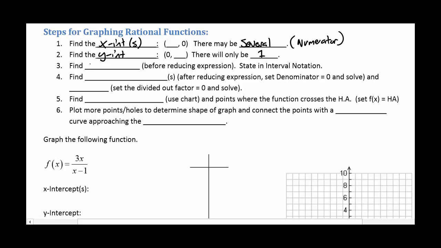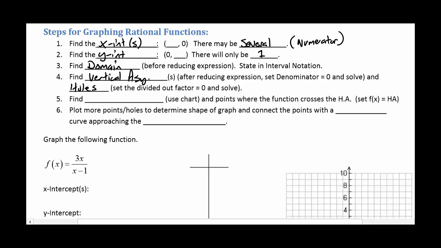Then we want to identify the domain, and this is before reducing it. We'll express that in interval notation. After we find the domain, we want to identify any holes and any VAs, vertical asymptotes, and any holes.